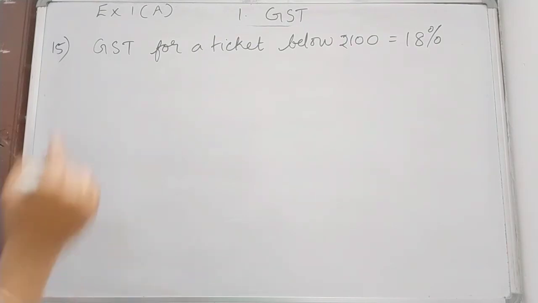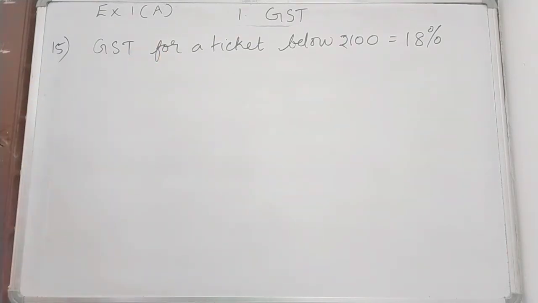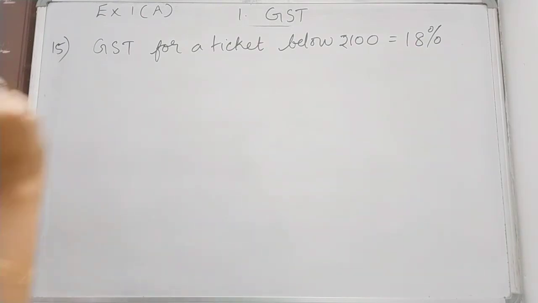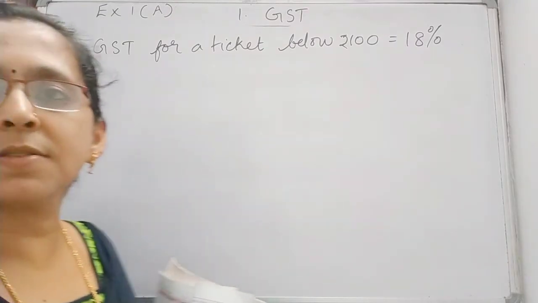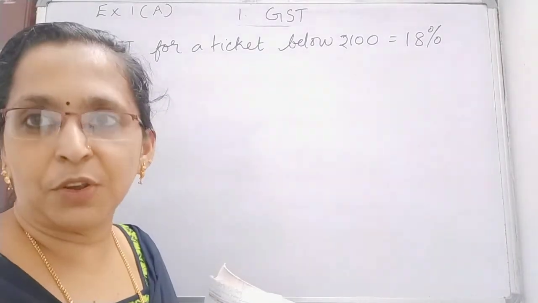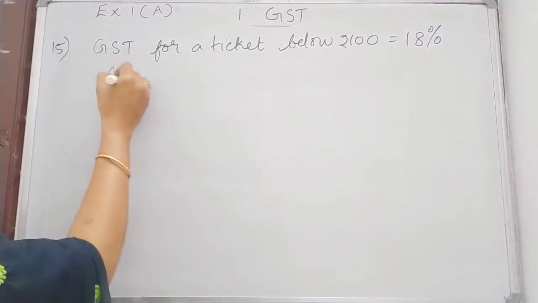So GST for a ticket below rupees 100 is 18%. So GST paid for below 100, rupees 80. Below 100 means rupees 80 belongs to that category.